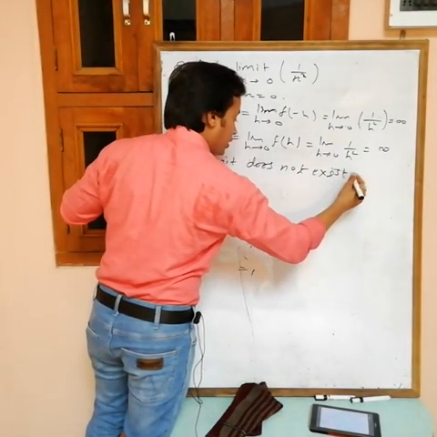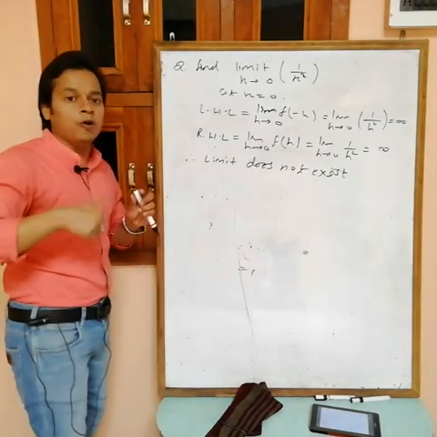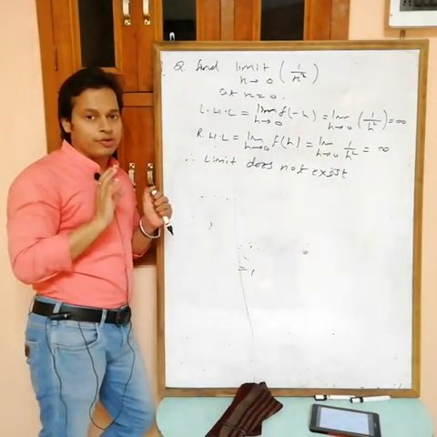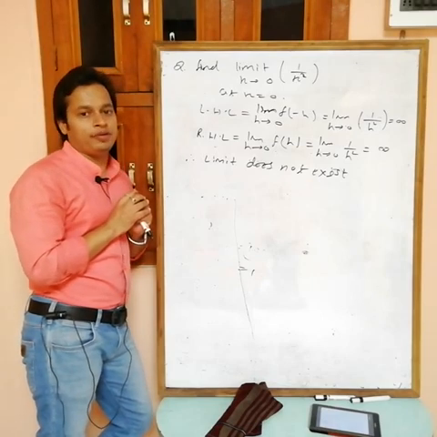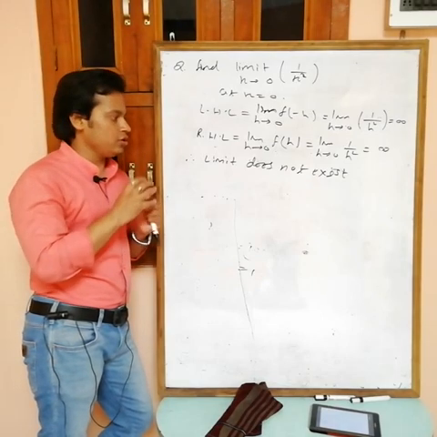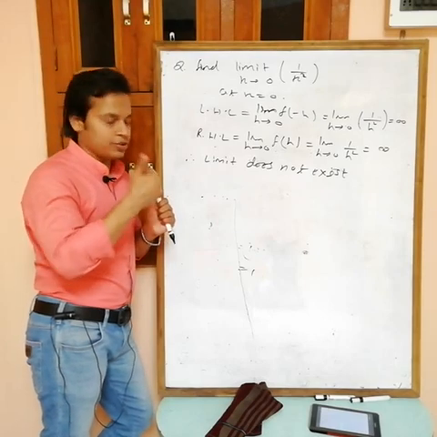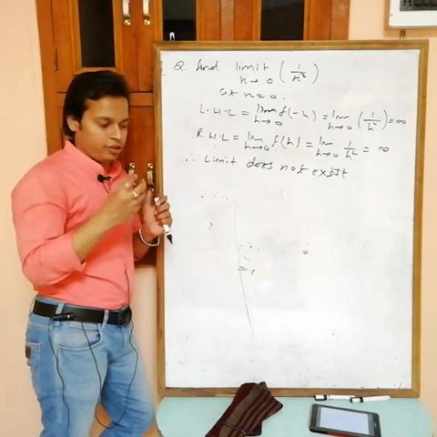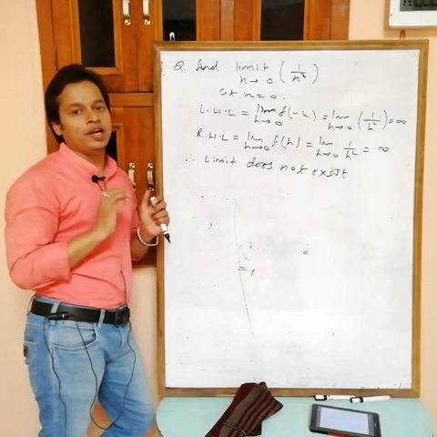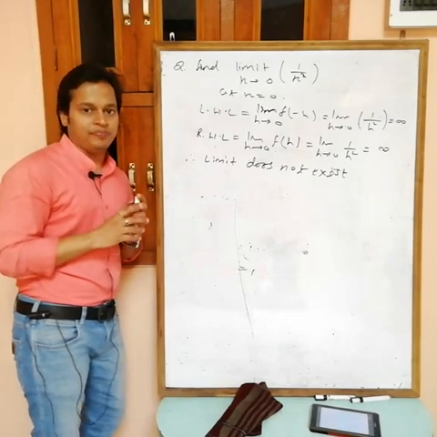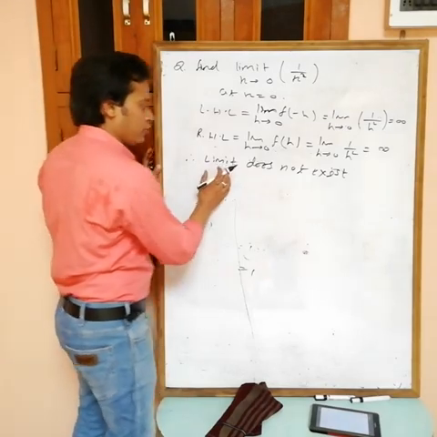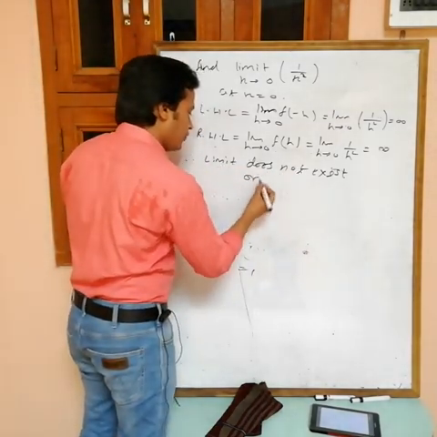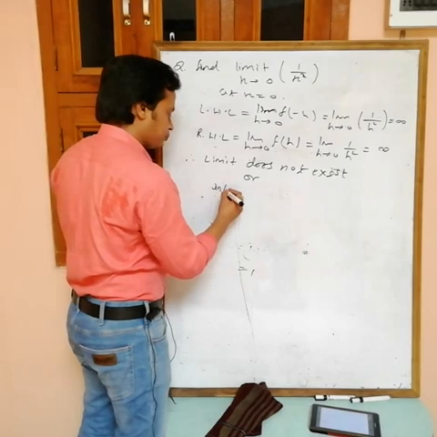But in this question, suppose LHL equals RHL, and in the options it is given as infinite limit, then infinite limit is the correct answer. So write: limit does not exist or infinite limit.